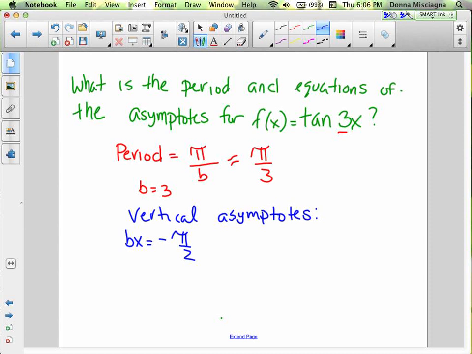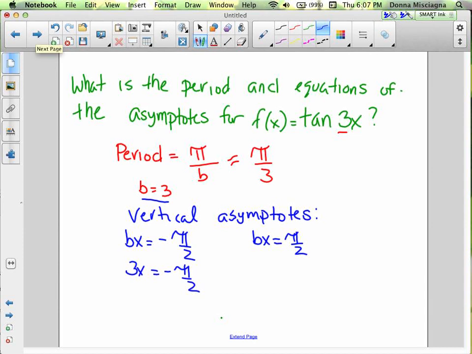To find them, you're going to take bx equals negative pi halves and bx equals pi halves. Because normally those vertical asymptotes are at negative pi halves and pi halves. If you go and change the period, you're going to change the vertical asymptotes. So b is still 3. So we have 3x equals negative pi halves.